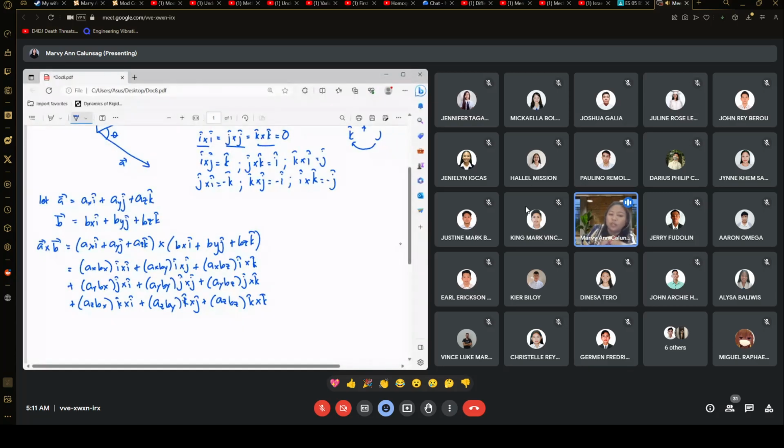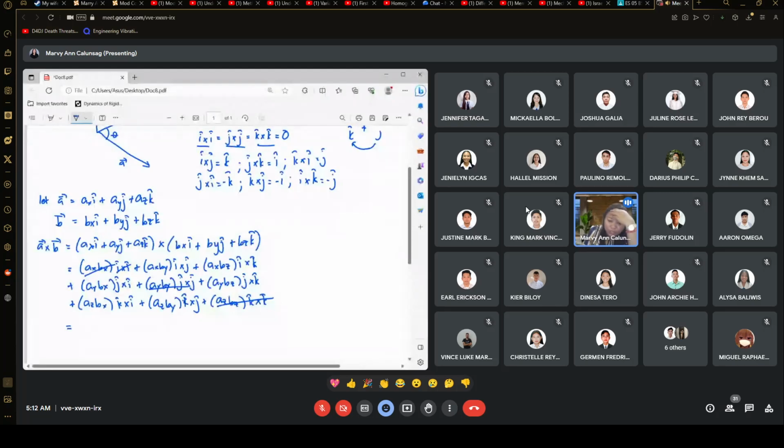So therefore, this I cross I is 0, then times AX BX, therefore that would be 0. So this J cross J is 0. And K cross K would also be equal to 0.